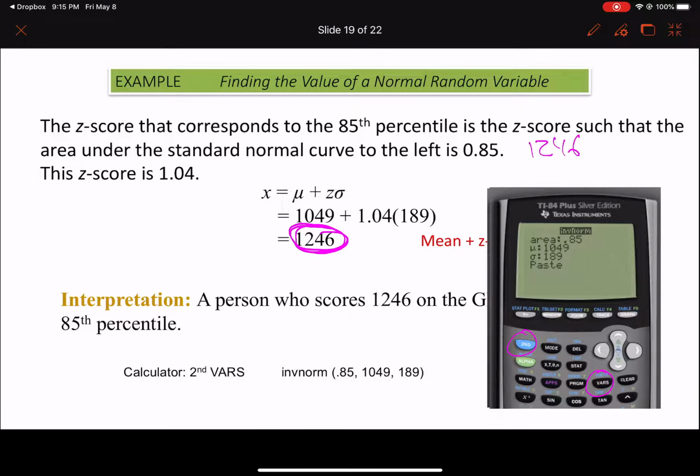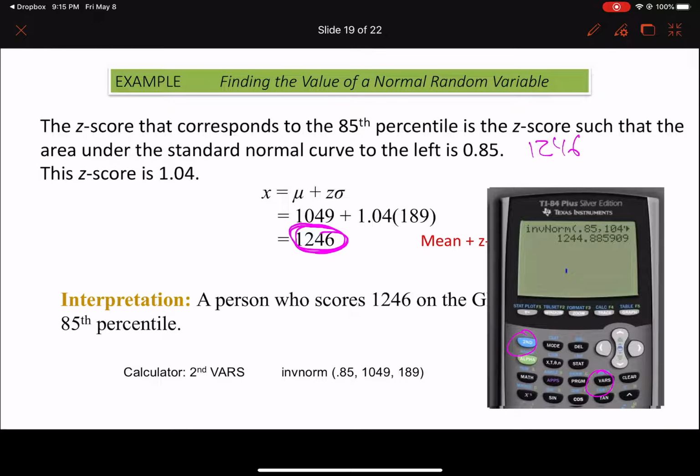So my area under the curve is 0.85, mu is 1049, and standard deviation is 189. I got those from that last page. So that gave me 1244.8859. So that's really close. It's slightly less than 1246, but I think it's close enough that nobody's going to argue with me about it. So that's how we would put it in our calculator.